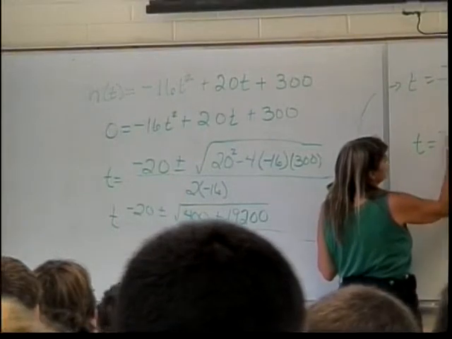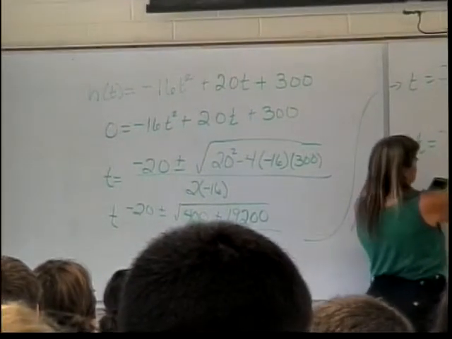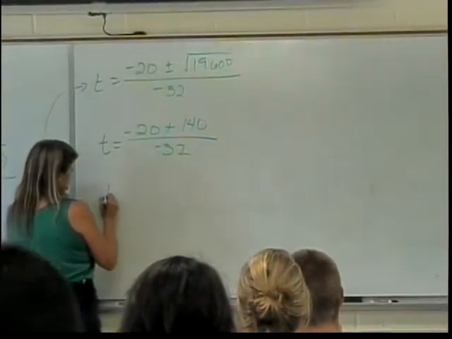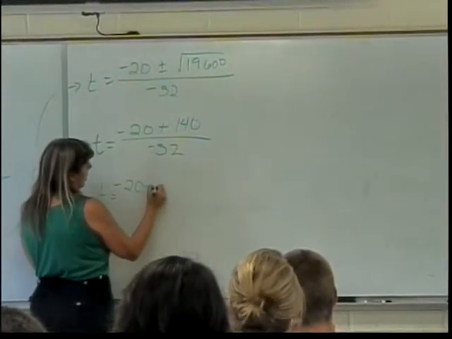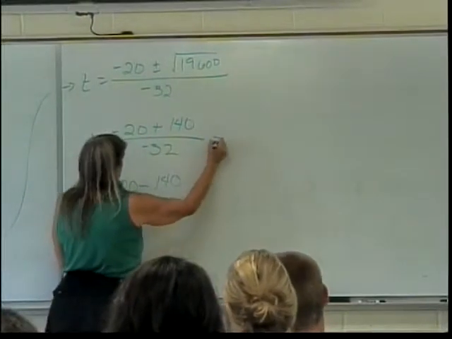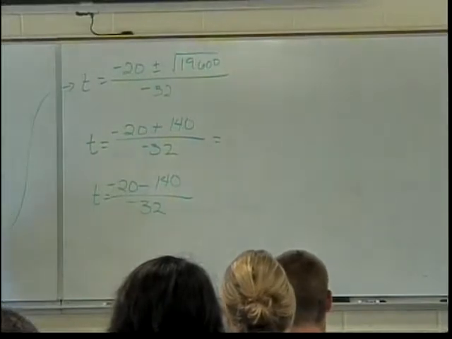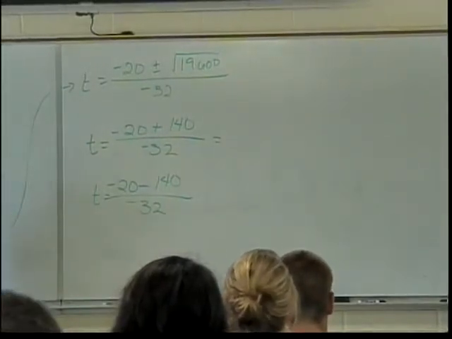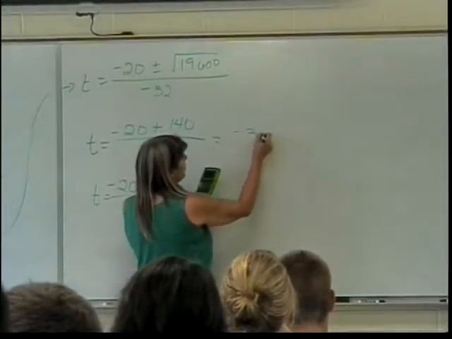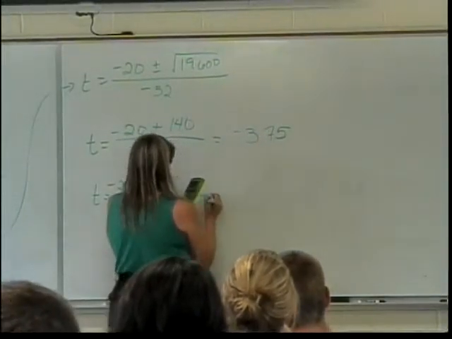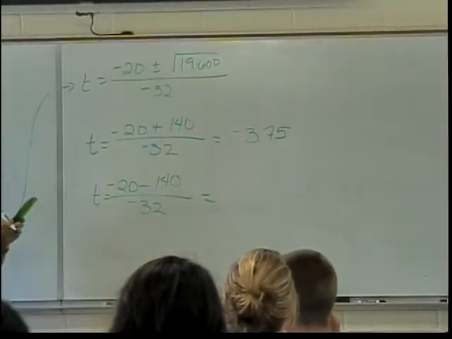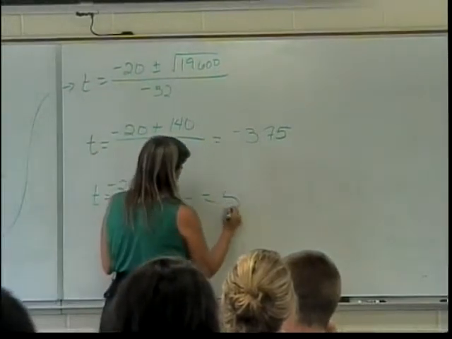One of them is negative 20 plus 140 divided by negative 32, and the other one is negative 20 minus 140 divided by negative 32. The top one is a negative number, negative 3.75, and the bottom one is a lovely number, 5.